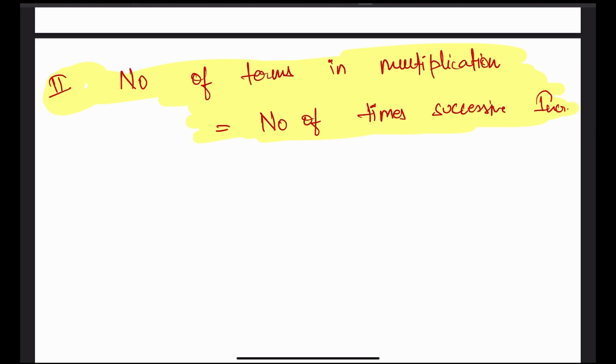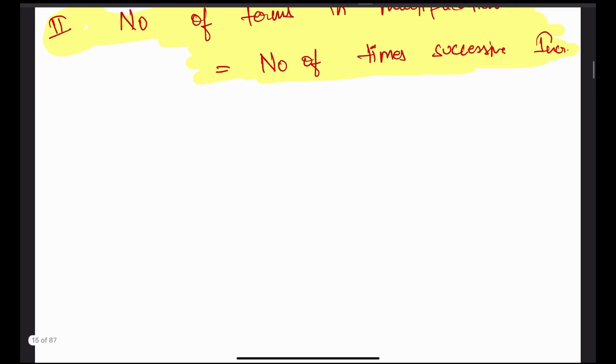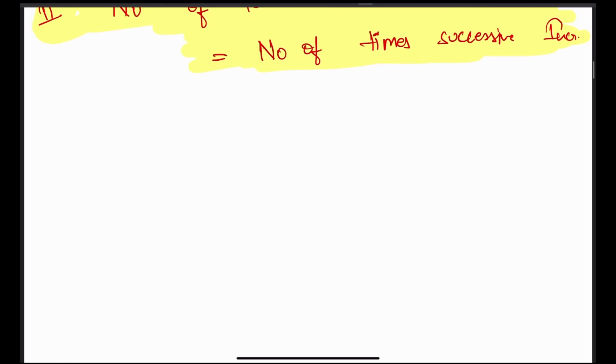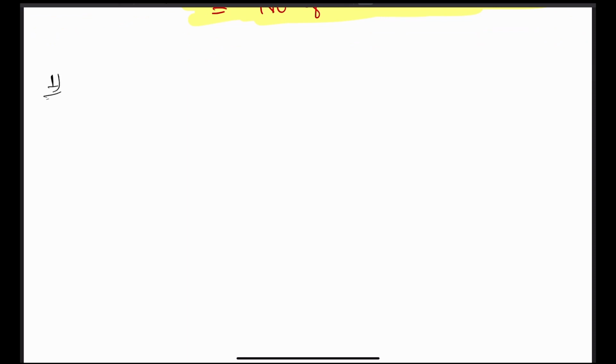So let's take a classic example for this one. Expenditure equals price into consumption. As of now, what I was dealing with: if price is increasing, then consumption should decrease to maintain the expenditure.